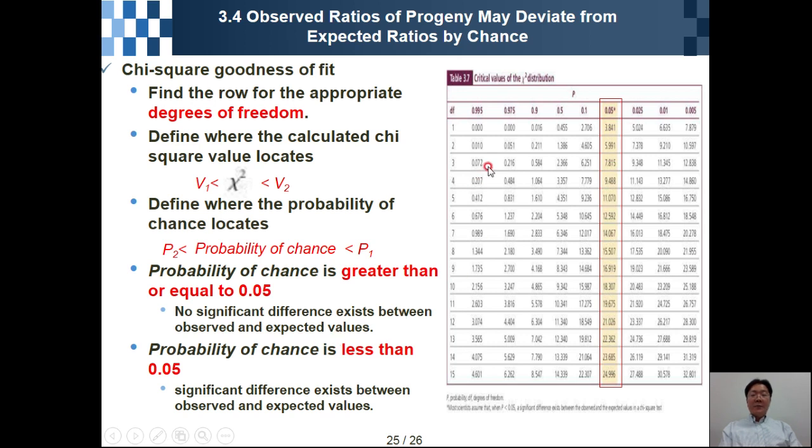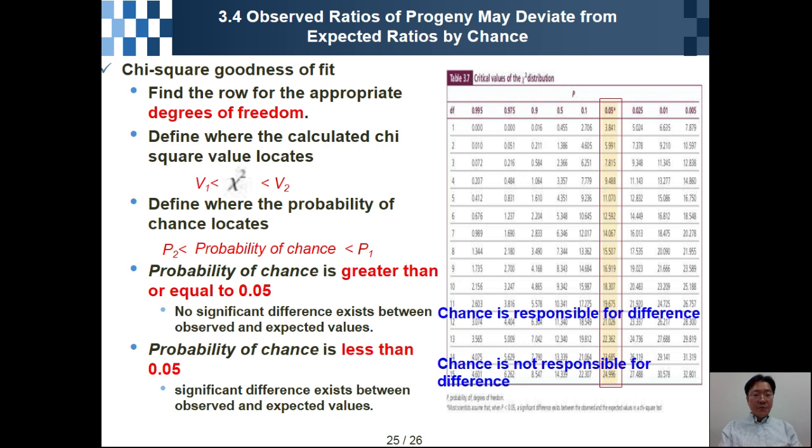When the probability of chance is less than 0.05, it means that a significant difference exists between observed and expected value. It is a little bit difficult to understand. In the first case, chance is responsible for the difference. In the second case, chance is not responsible for the difference.